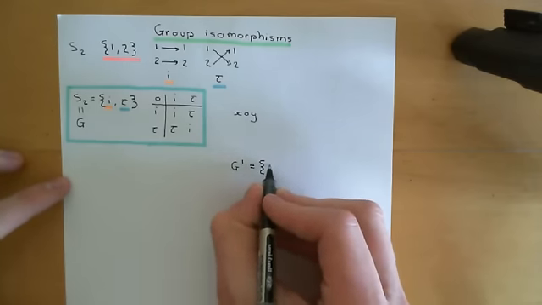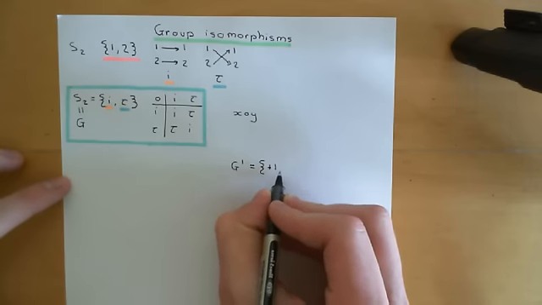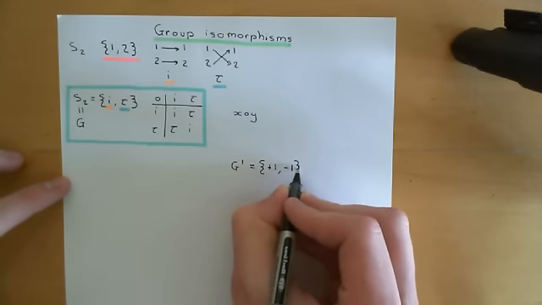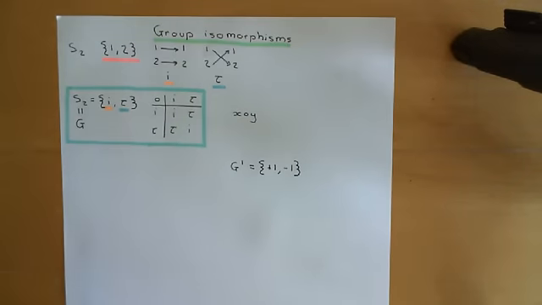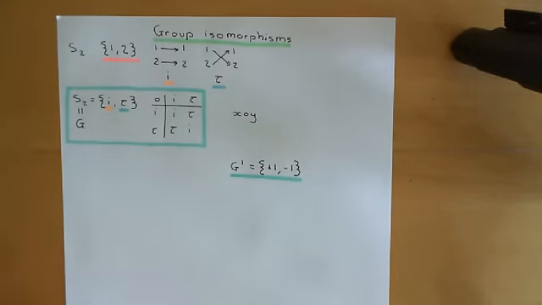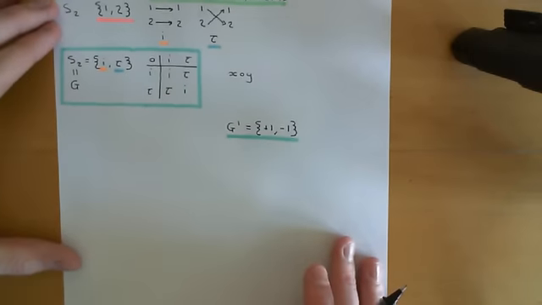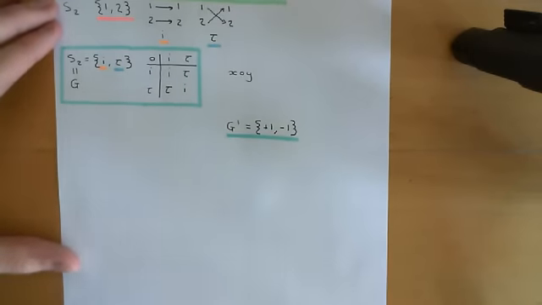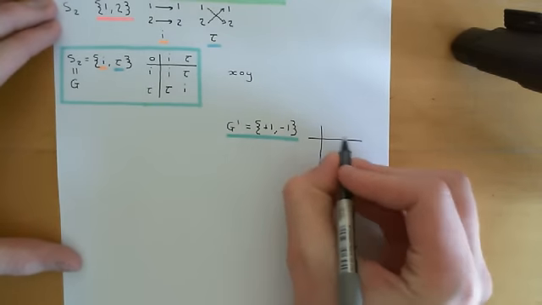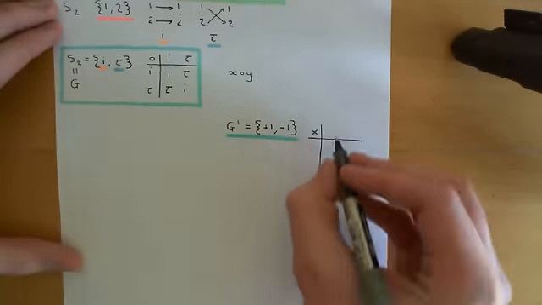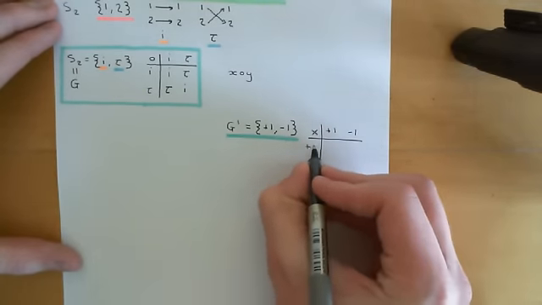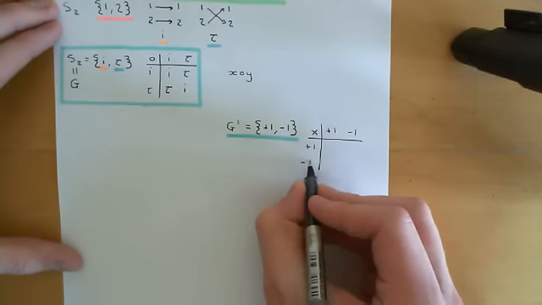So this set is going to contain two elements again. It's going to have the symbol +1, and it's also going to have the symbol -1. Okay, so here's my set of symbols for this group. Now I need to define a composition law on this. The composition law I'm going to use is actually multiplication. So I'm going to call the composition here multiplication, and I'm going to define what all combinations of elements multiplied with one another are.